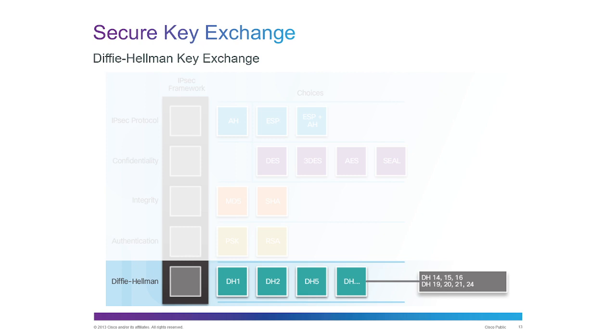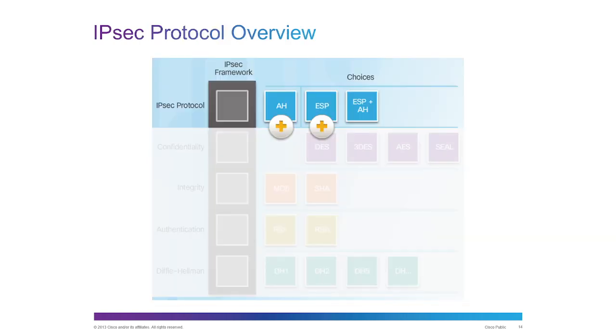To do that, we will use the IPsec protocol, which can combine these things and establish that connectivity. And for this, we have a number of options. We have what is known as the Authentication Header protocol, and we also have the Encapsulating Security Payload.